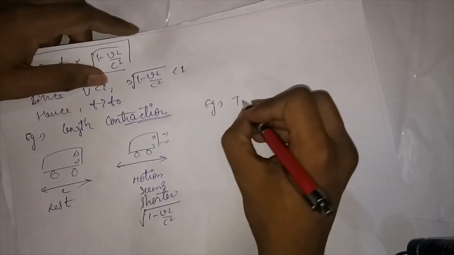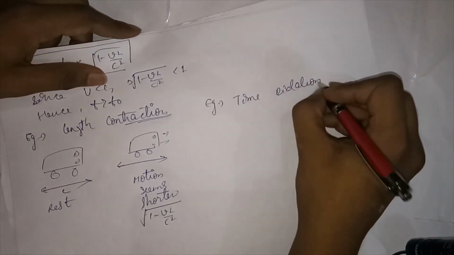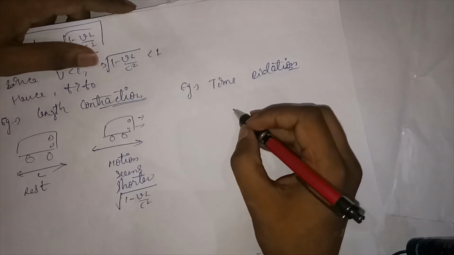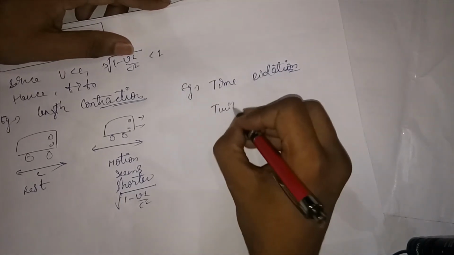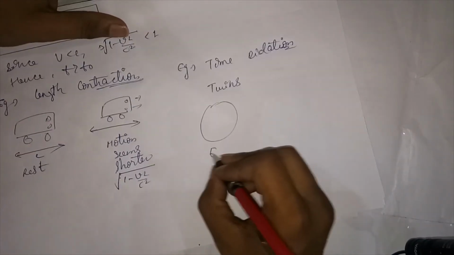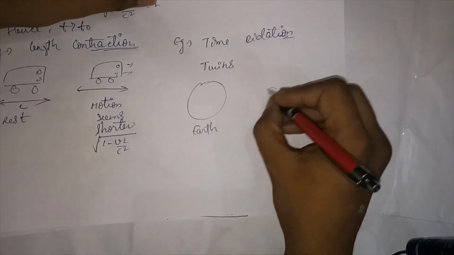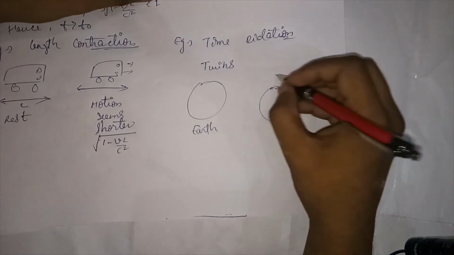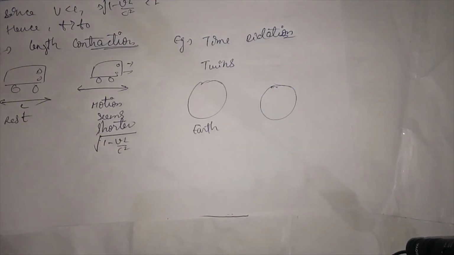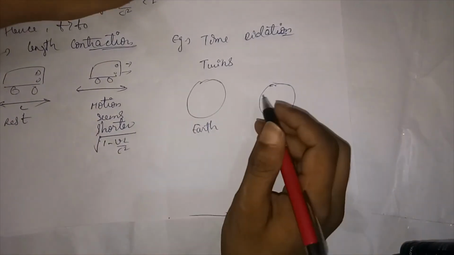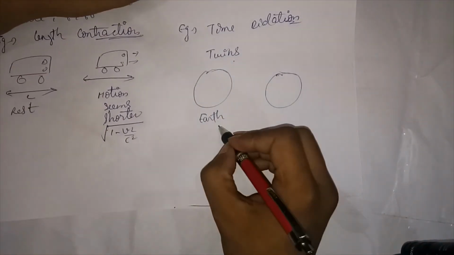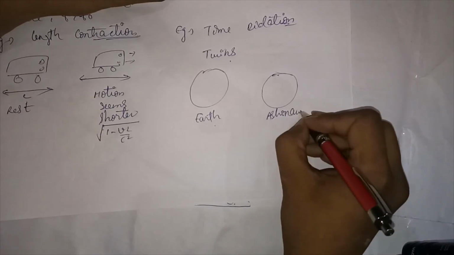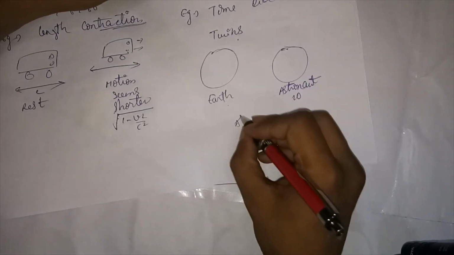An example of time dilation is: suppose you have twins, one who stays on the earth and one you have sent as an astronaut to another planet somewhere in the universe for 10 years.